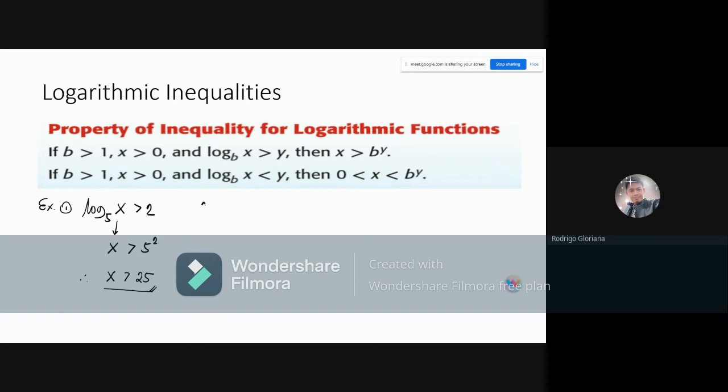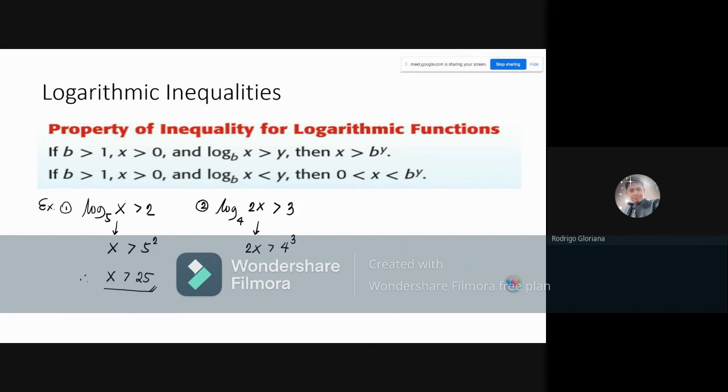Another example, let's say the logarithm of 2x to the base 4 is greater than 3. What do we do? Translate this to exponential. We have 2x greater than 4 raised to 3. Ito kasi yung base eh. Base 4, exponent 3.